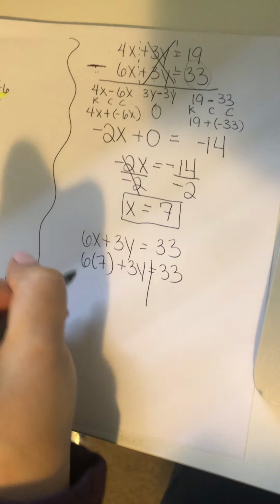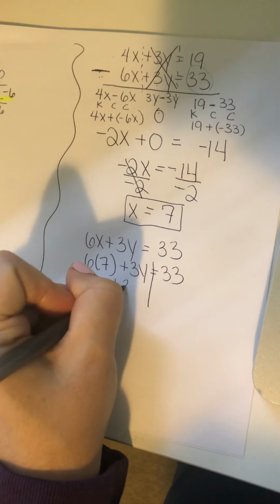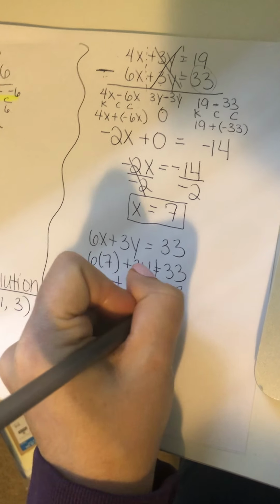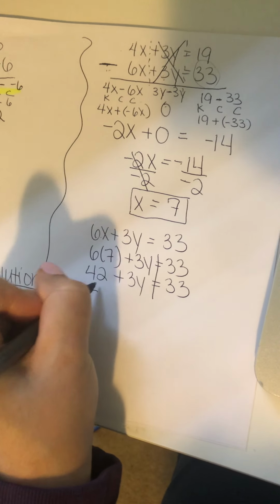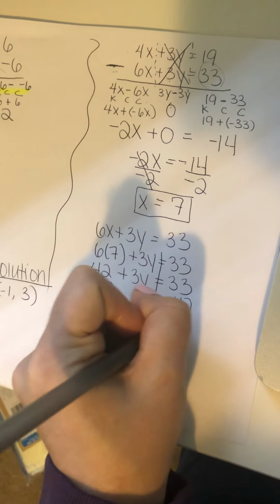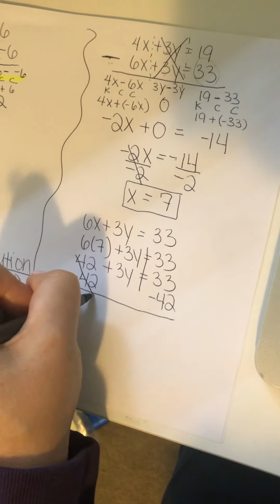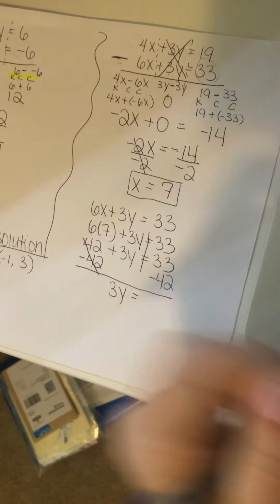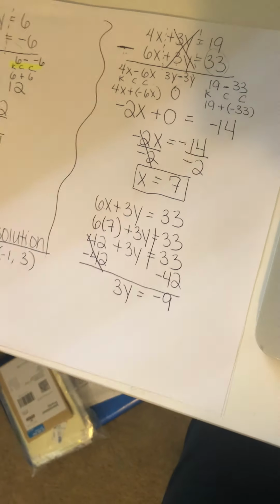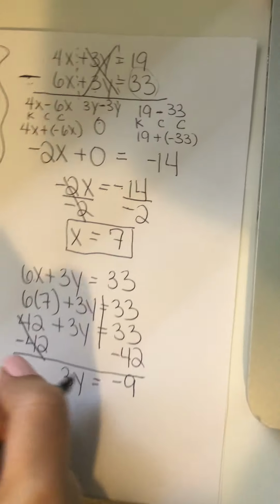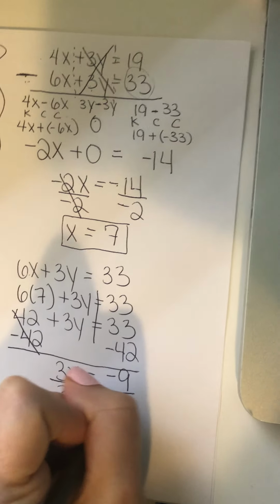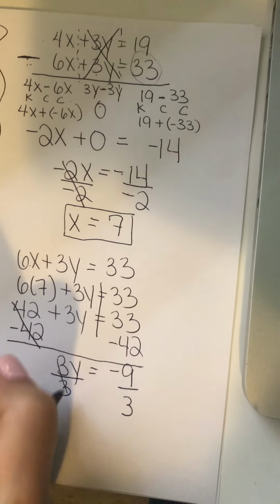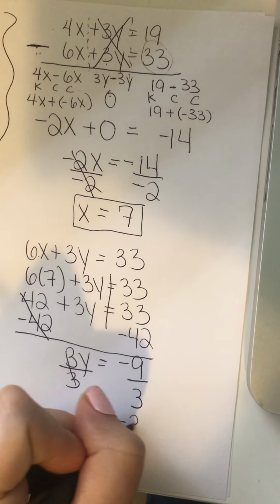So 6 times 7 would give us 42 plus 3y equals 33. I'm going to inverse the constant to minus 42 to both sides. That'll cancel. I'm left with 3y equals negative 9. And then we would divide by 3. And I would get y equals negative 3.